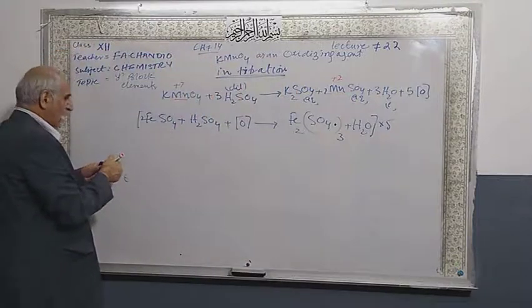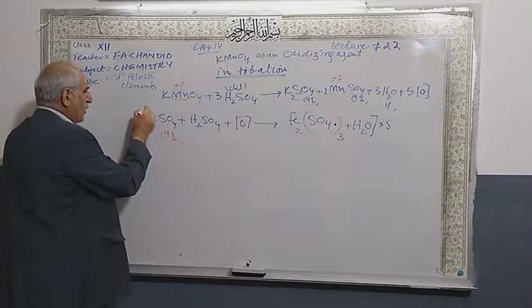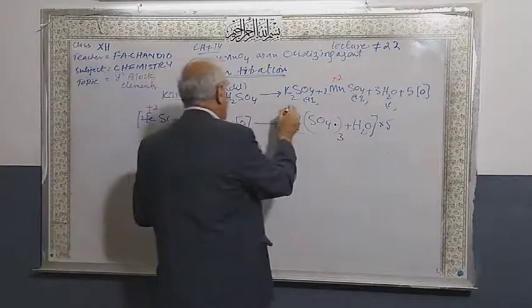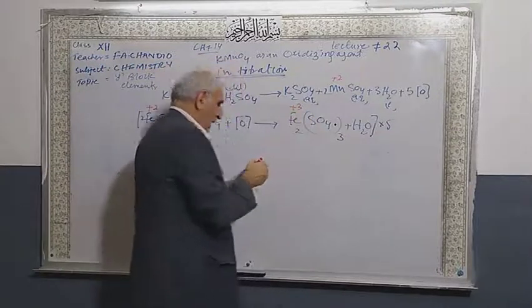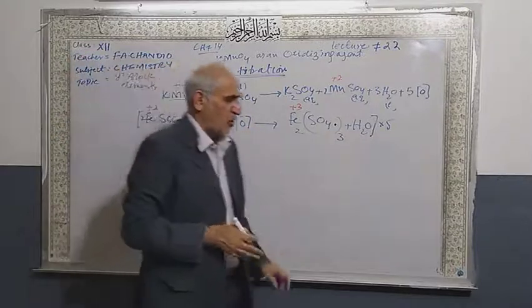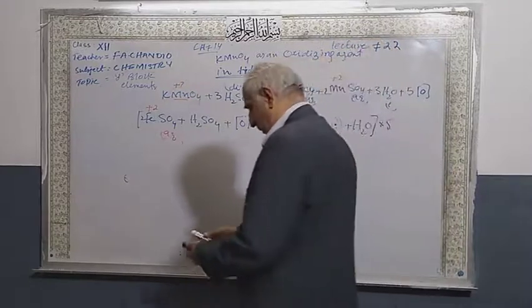This is the very light green aqueous ferrous sulfate. The oxidation number of iron here is positive 2, and here our iron is positive 3. So there is an oxidation, and this oxygen is consumed in this chemical reaction.